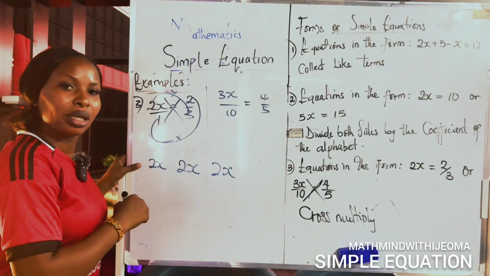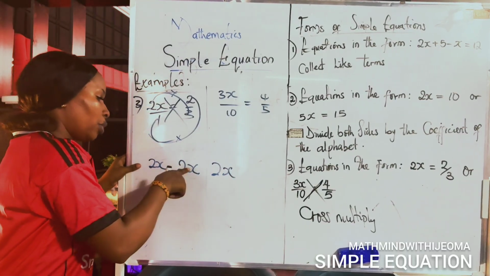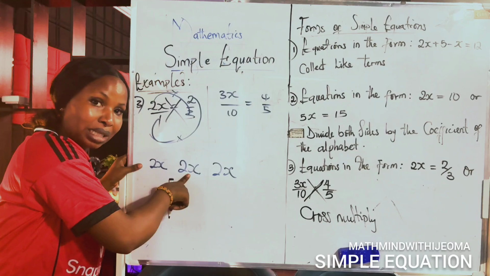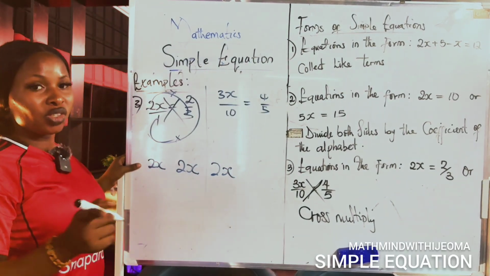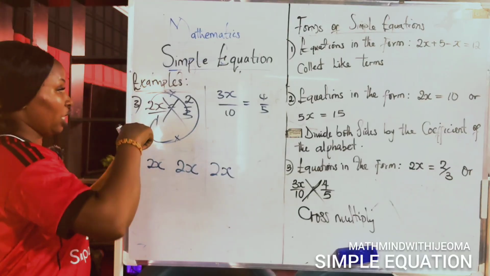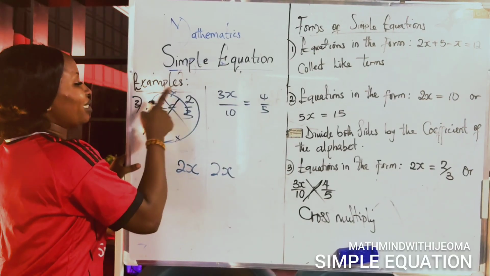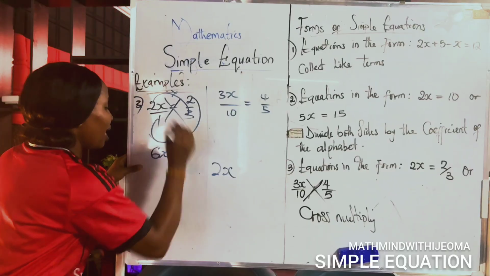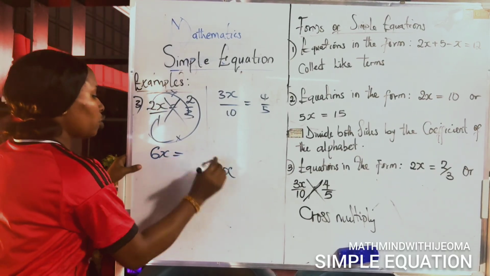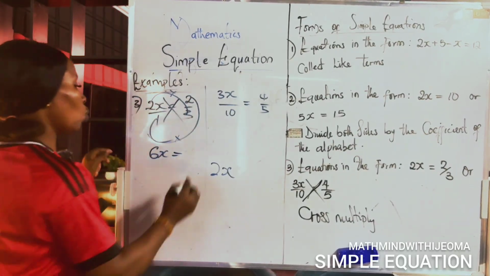Add them together. 2x plus another 2x will give us 4x. Plus another 2x will give us 6x. That's using repeated addition for the multiplication. So we have 2x times 3 is what? 6x. Equal to 2 times 1, 2.